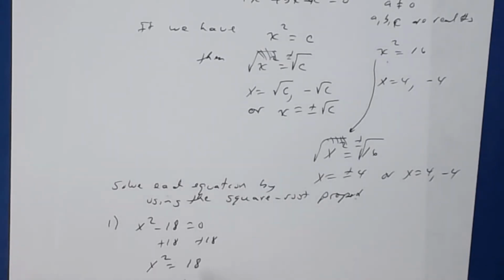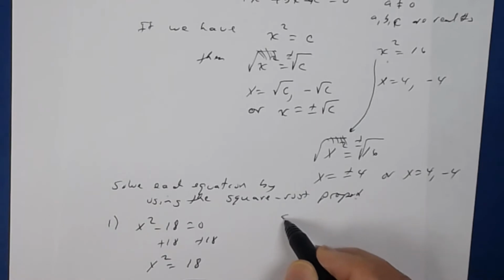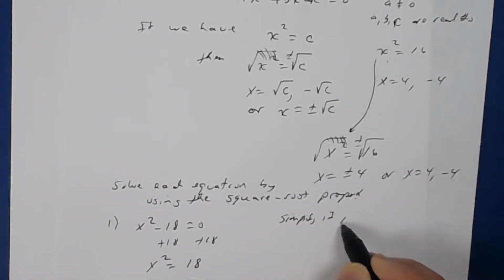Now, the next step is to take the square root of both sides. Don't forget, when you take the square root of both sides, you get plus or minus. So I get x equals plus or minus the square root of 18. Now you are asked to simplify if possible.